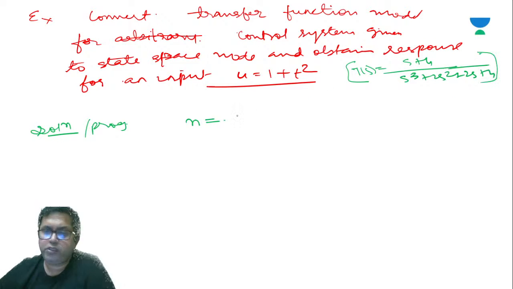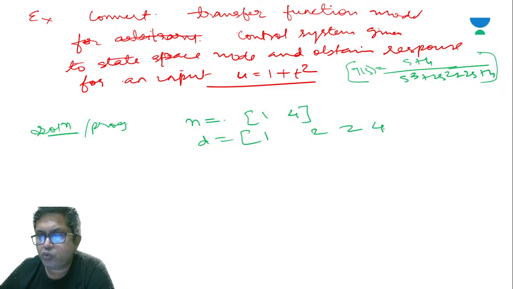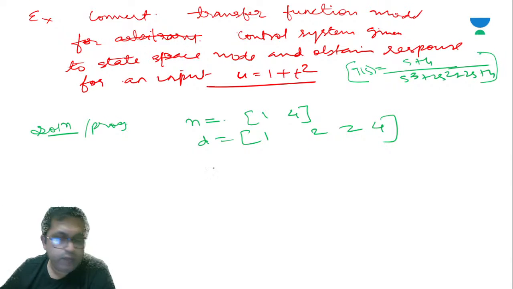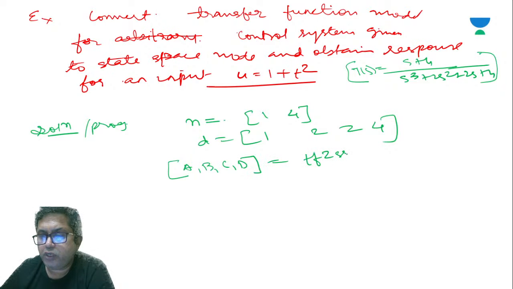N is equal to 1 space 4. D is equal to 1 space 2 space 2 space 4. Then A comma B comma C comma D is equal to transfer function to state space n comma D.